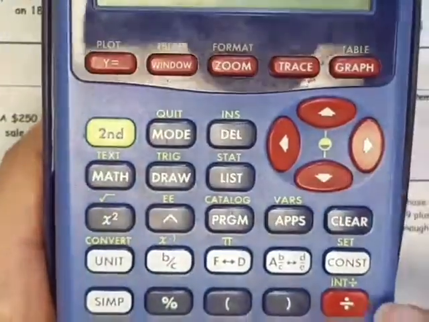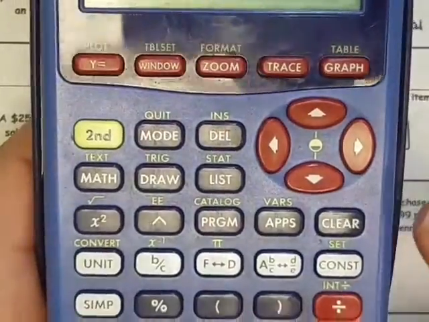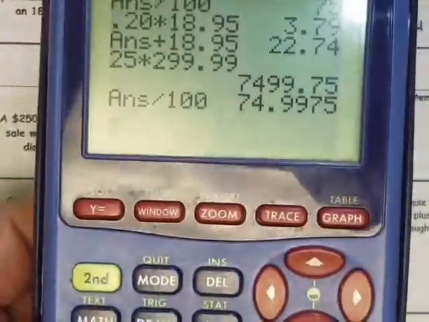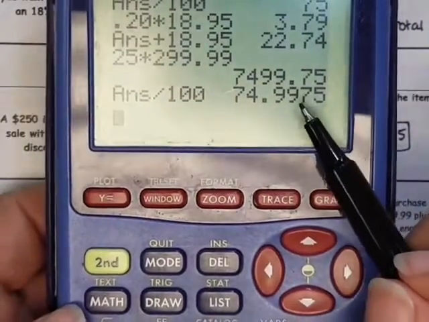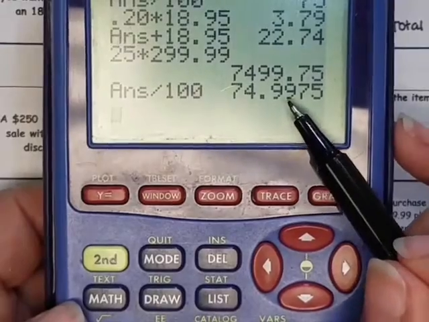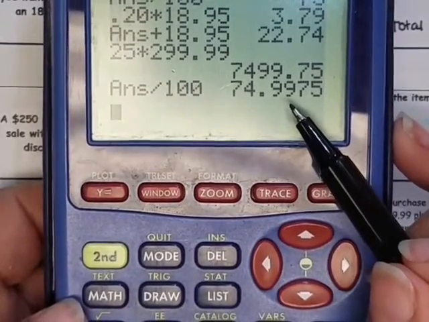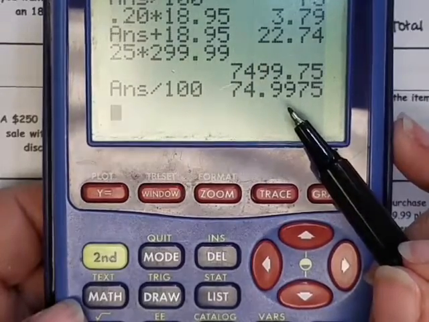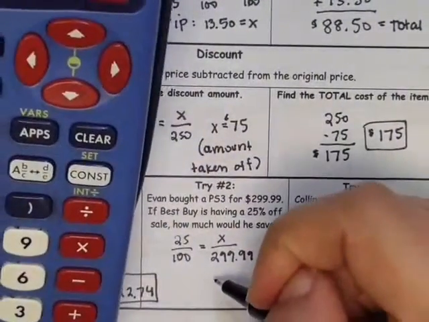So 25 times $299.99, and then divide that by 100, and I get this really long decimal, 74.9975. We don't go that far in money. We round right here. So I'm going to look next door, and that's telling me to round up. So 99 cents going up 1 is going to get me an even dollar. So I'm going to go up to $75.